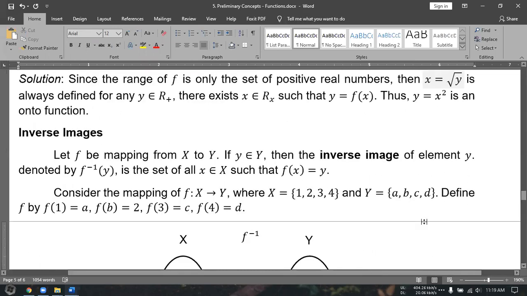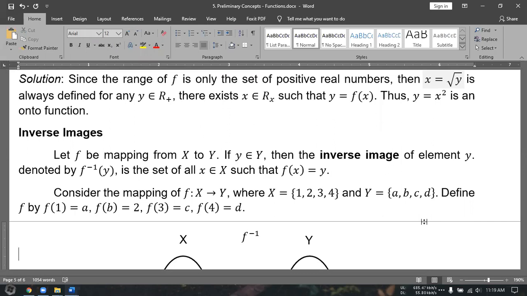Question? Silence means none, no? We have inverse images. Let f be a mapping from x to y.